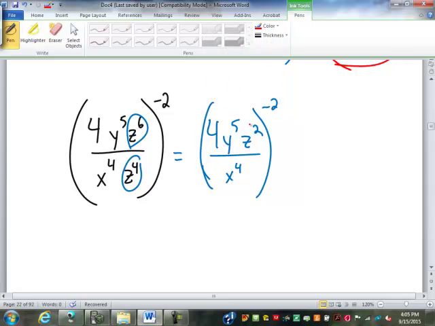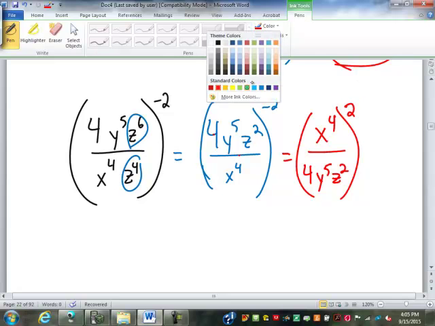There's nothing more we can do in the parentheses, so now we can do that power of negative 2. The negative means we're going to flip it over. And now it's to the power of positive 2.